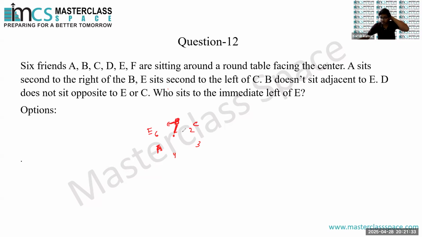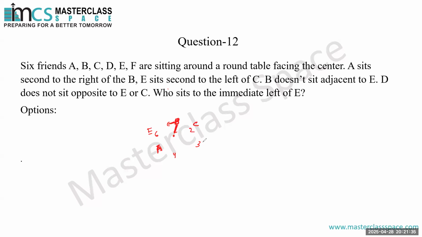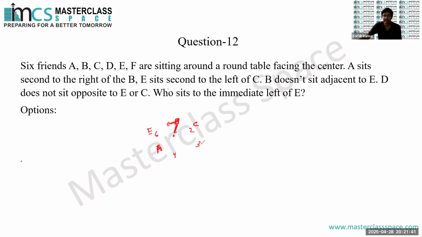Yes or no? Yes, sir. Because E can't sit at 3. Why? Because if E sits at 3, then left of C will be A, and that position is already occupied according to our first condition. So that is not possible.